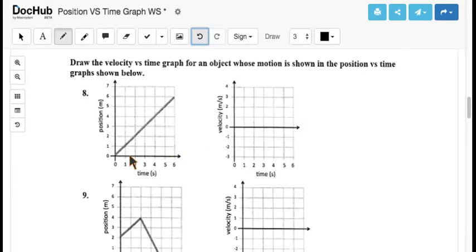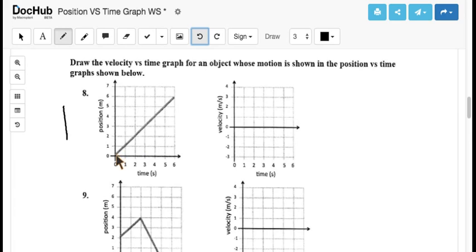So when you take 1 divided by 1, or 2 divided by 2, or 3 divided by 3, every single time you're going to get the same answer, which is a velocity of 1 meter per second. I think I'm going to give up on the units there. 1 meter per second, which you'd see over here.